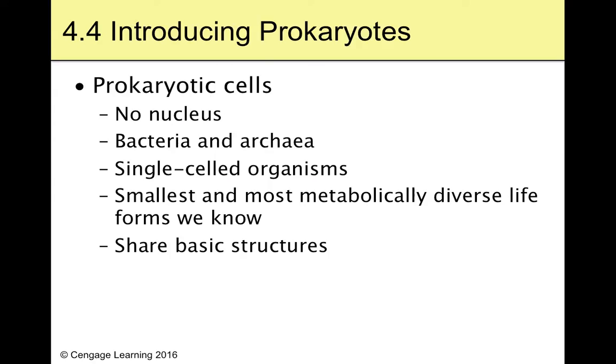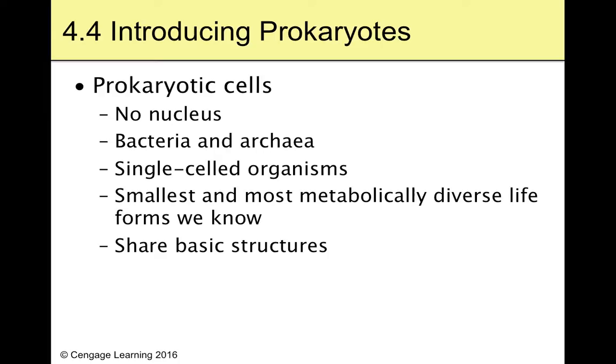So prokaryotes. We have to separate all the cells. We're going to talk about this chapter in two sections. There's prokaryotes, which is before the nucleus, and there's eukaryotes, which is after the nucleus. And so we're starting with prokaryotes. Think simple here. No nucleus. These are bacteria and archaea.